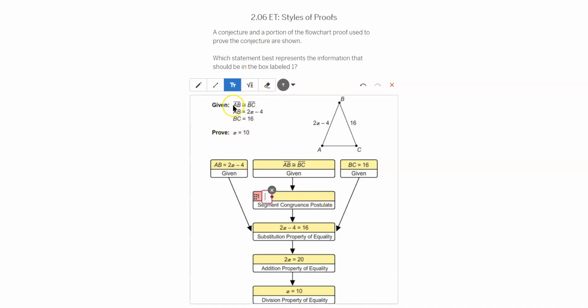So we notice what we're given is placed here. And by segment congruence postulate, we can say that AB is equal to BC. That's the same thing as saying that it's congruent by the segment congruence postulate.